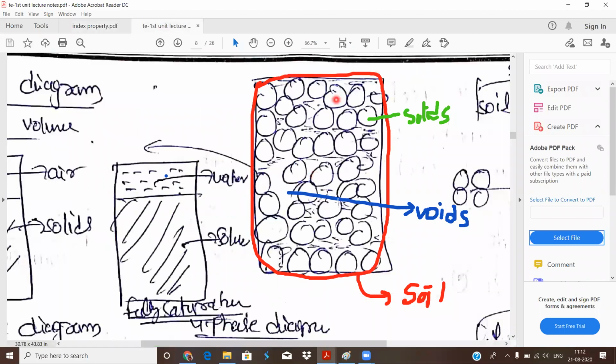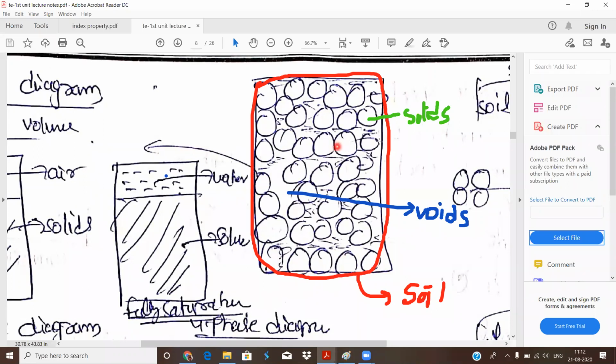So generally we know that soil is composed of solid particles. This is the basic structure of soil. This type of soil structure is available in any place. The round circles are examples of solids, meaning solid particles.